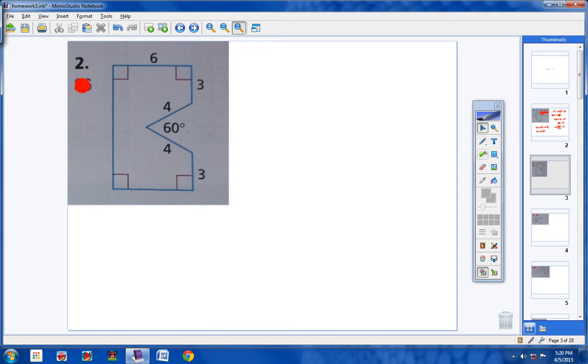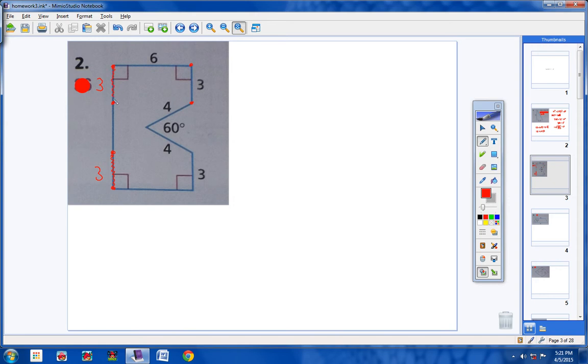Now, we know all of the lengths of all the sides of this figure except this side right here, okay? Now, I know the length from here to here is 3, so I know the length from here to here is also 3. Same thing down here, the length from here to here is 3, okay?